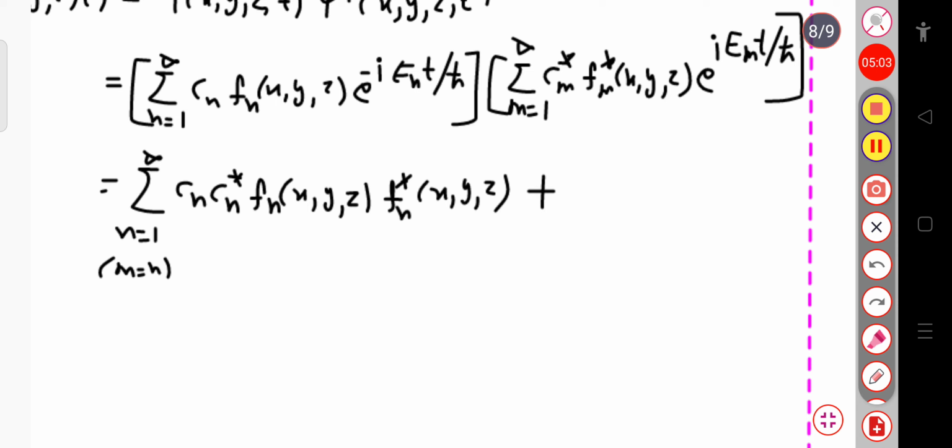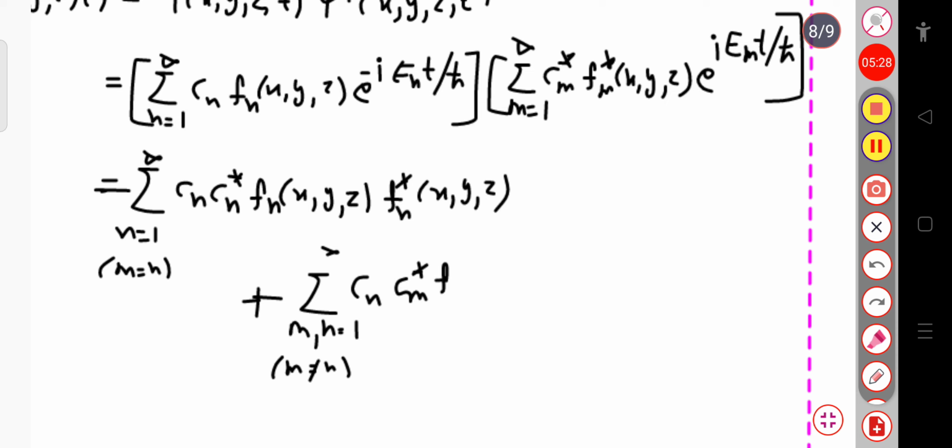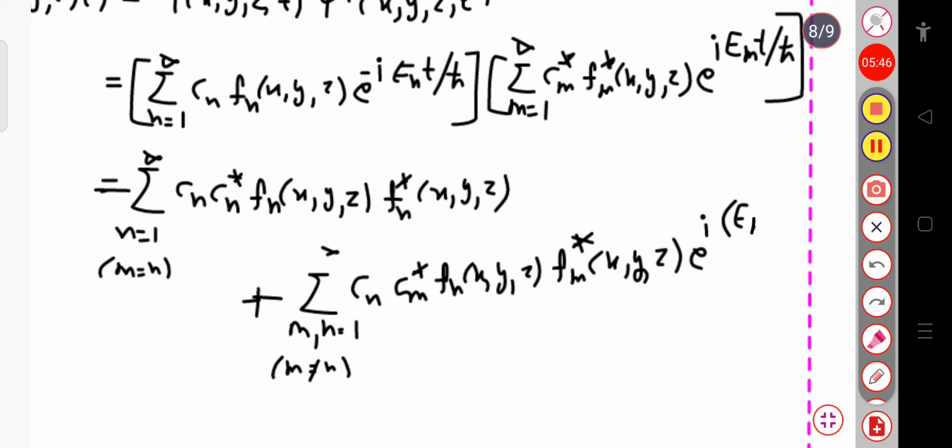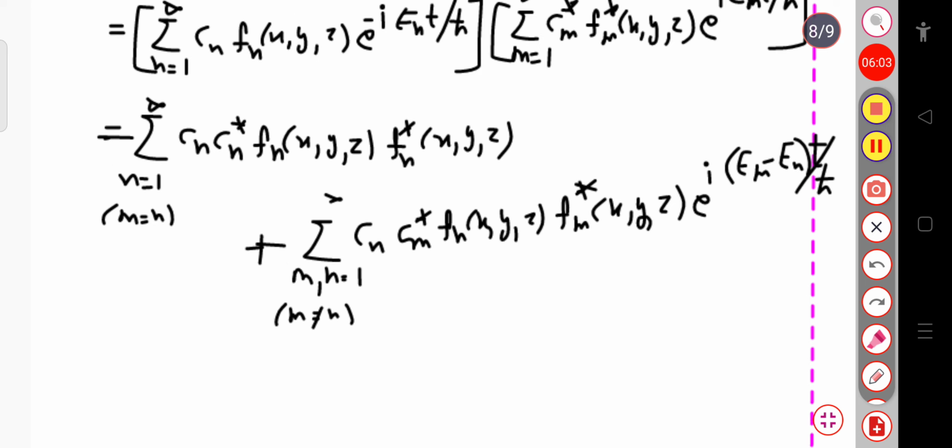Plus, for the second term we write the sum over m and n, varying from 1 to infinity, where m is not equal to n, of Cn Cm star Fn of x, y, z Fm star of x, y, z, and combining the exponentials, exponential iota whole into (Em minus En) into t divided by h cut.